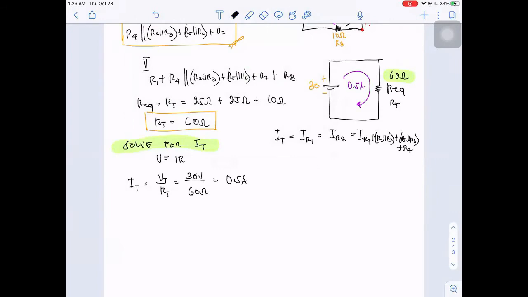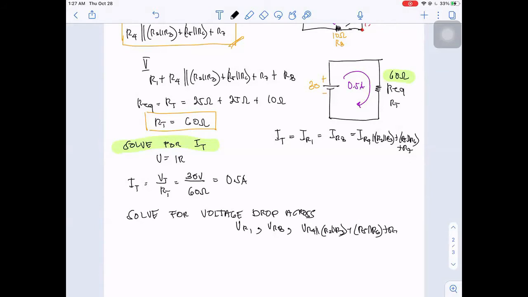So we will solve for the voltage drop across VR1, VR8, and also VR4 parallel to R2, R3 plus R5 parallel R6 plus R7.